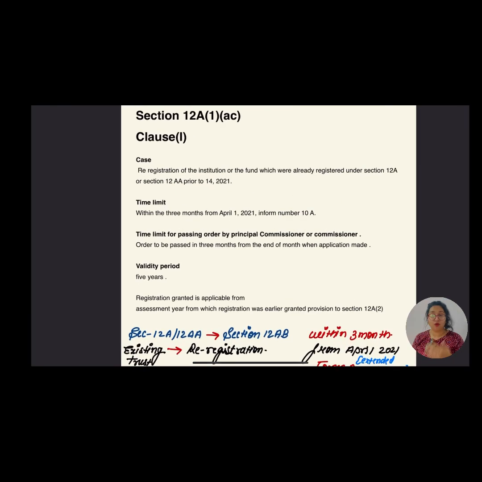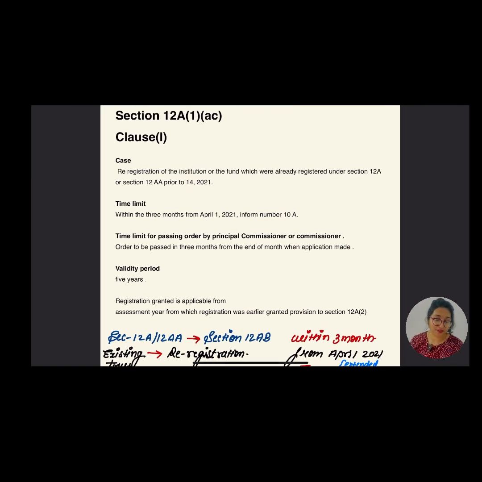Let's go for some of the sections, which is section 12, okay. So let me read it first, okay. These are some of the cases when the trust is to get registration, okay. What happens if the trust was earlier registered in some other section like 11 or 12, and later on it became 12AB? What if the trust is already registered in any other section?